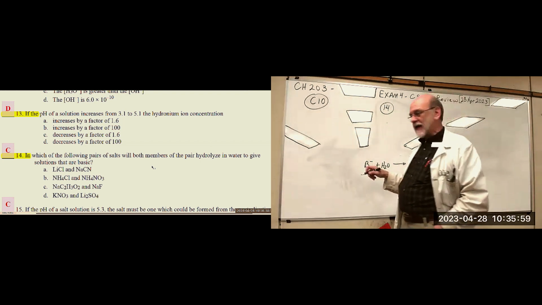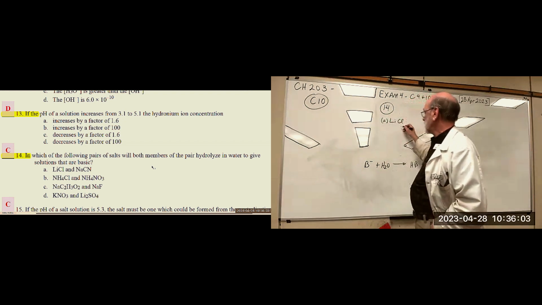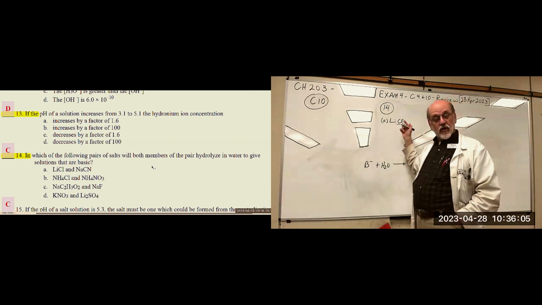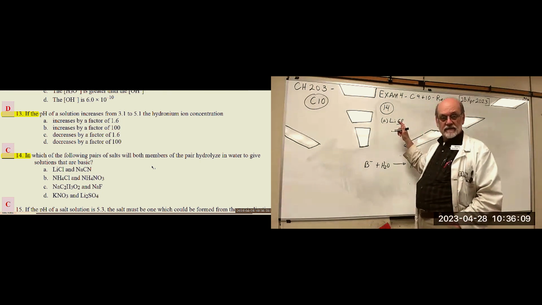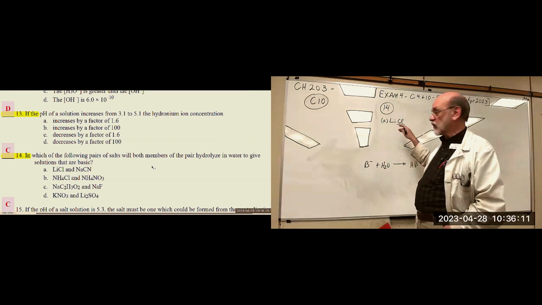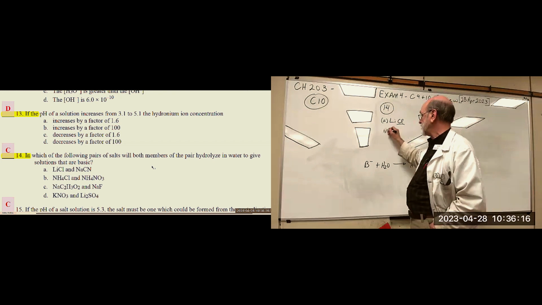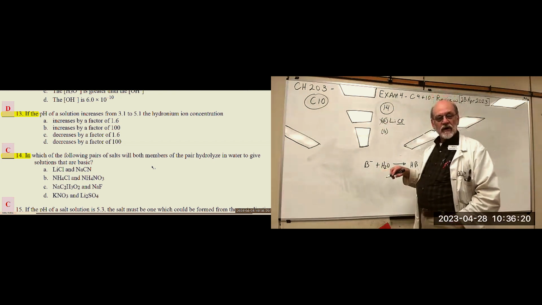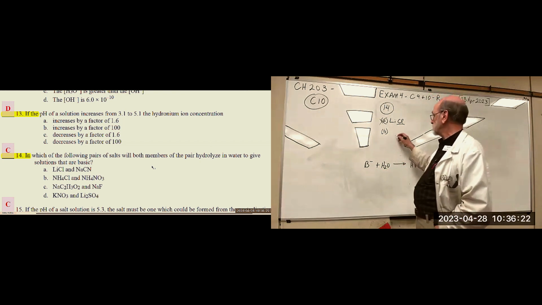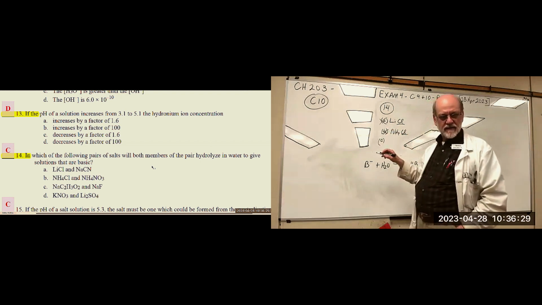All right? So how about lithium chloride? Chlorine is derived from HCl. That's a strong acid, so that can't be. That one will not produce a basic solution. Can't use that one. How about B? Ammonium chloride. That one's out for the same reason. How about C?